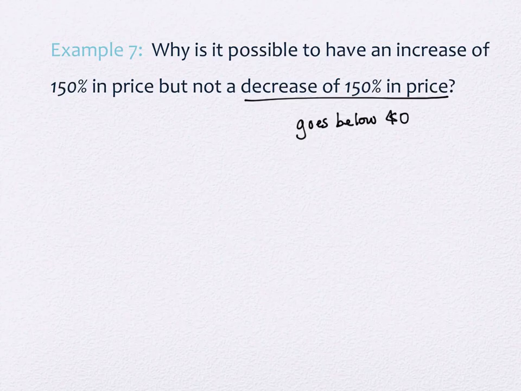What would it take for it to be $0? Yeah, if you decrease 100%, it would equal 0, right? So if you decrease 150%, it would actually go below. Why is it okay to increase then 150%?